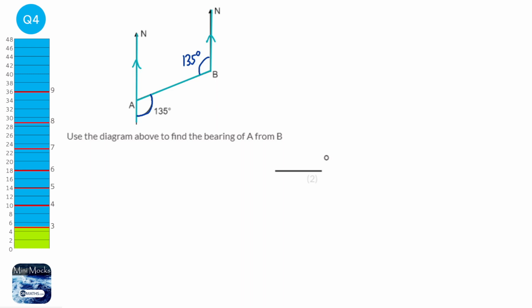And I always like to try and show the examiner the reasons. So that's because it's alternate angles. And we know also that angles on a point add up to 360.